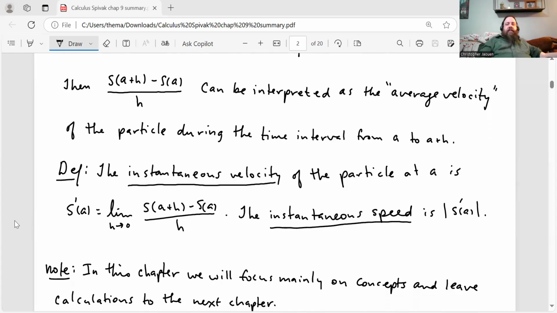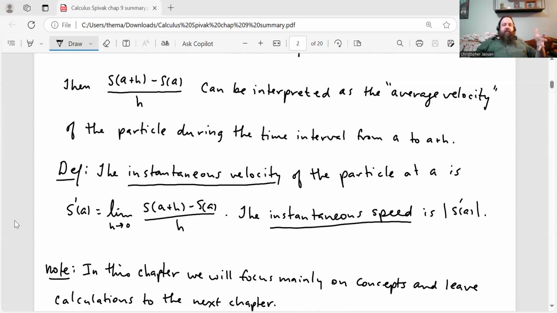The instantaneous velocity of the particle at a, which is what we're going to define that to mean, is the derivative of s at a. Or in other words, it's the limit as h goes to 0 of s of a plus h minus s of a, over h. And we say the instantaneous speed is the absolute value of the derivative of s at a. So the derivative of position is the instantaneous velocity, and the absolute value of the derivative is the instantaneous speed.